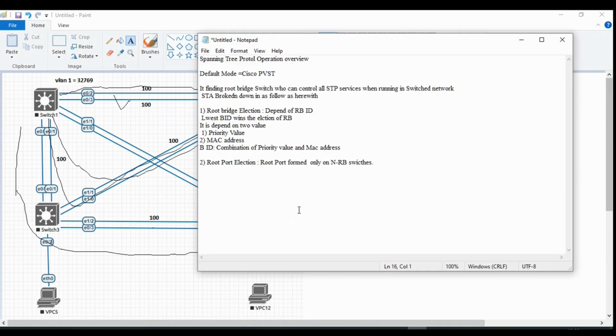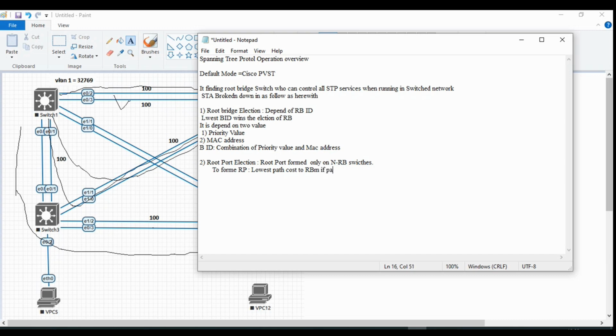Let me write it here. To form a root port: lowest path cost to the root bridge.